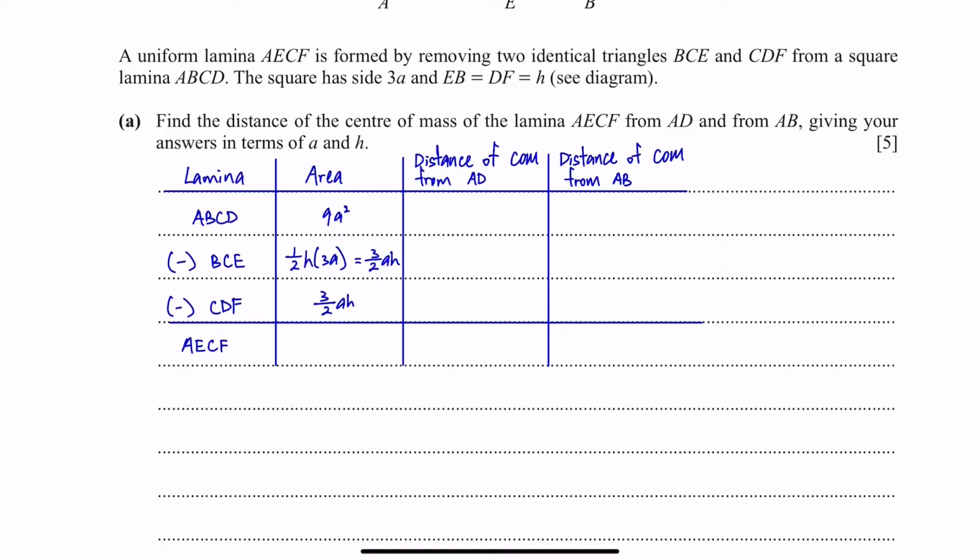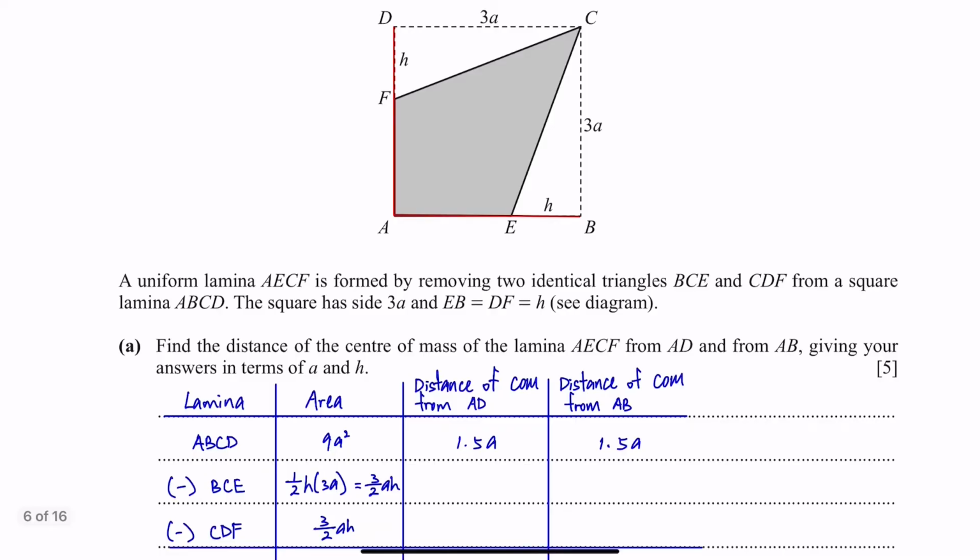So for the square lamina, we know that the center of mass would be right in the middle. So the distance of COM from CD would be 1.5a. And the distance of COM from AB would also be 1.5a. Right? So now moving on to BCE. BCE would be this triangle over here.